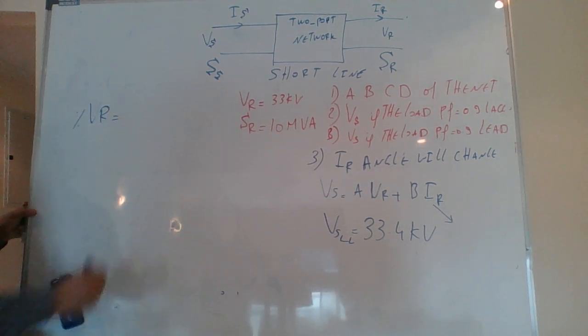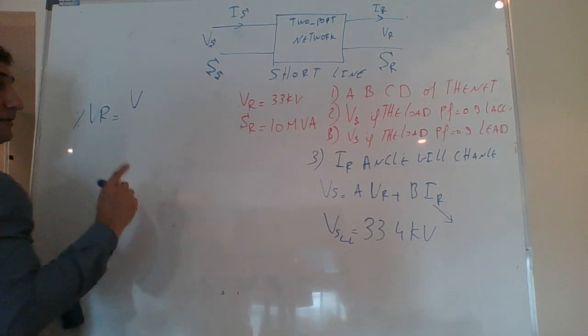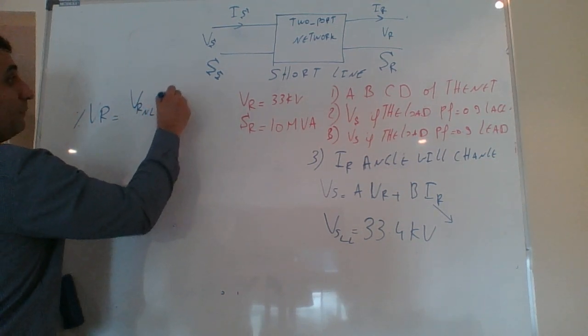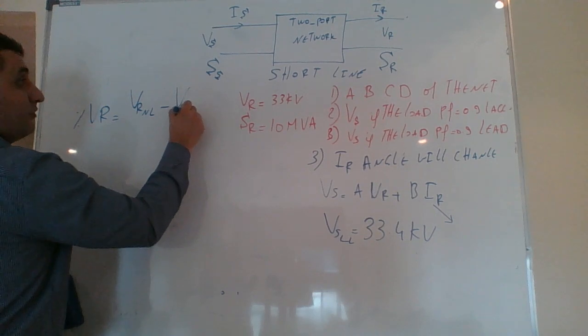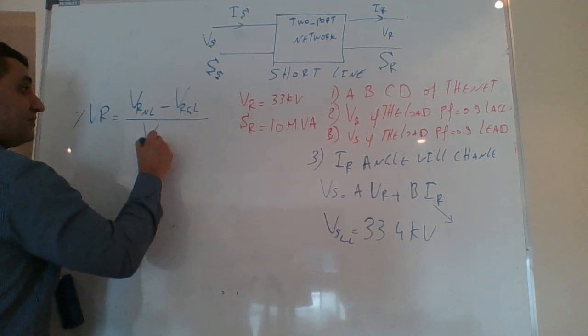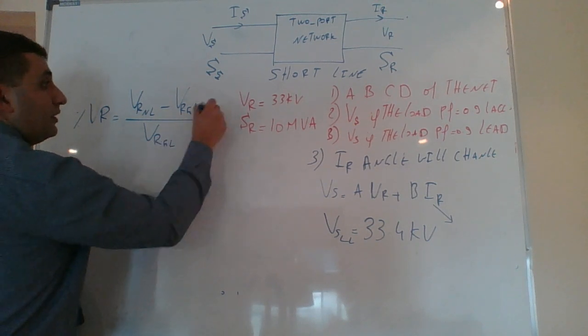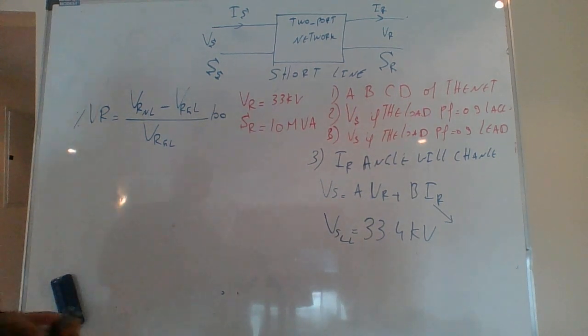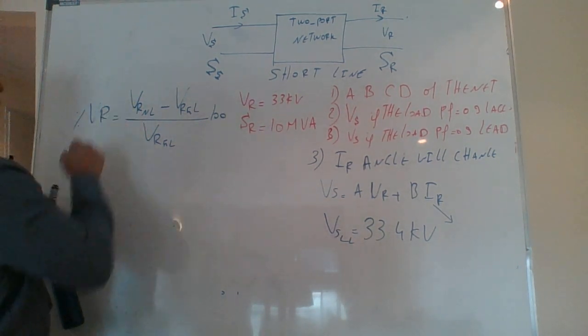It's equal to V receiving no load minus V receiving full load, divided by V receiving full load, multiplied by 100. Now, what's the V receiving no load?